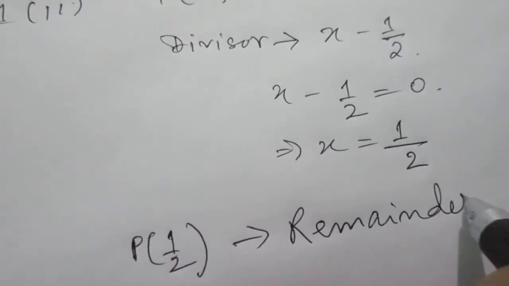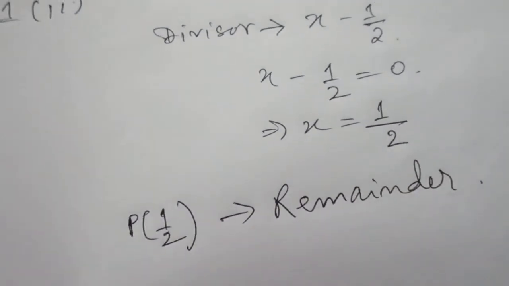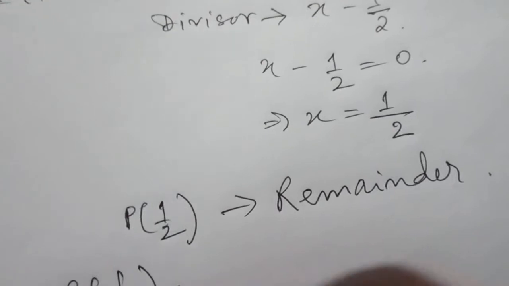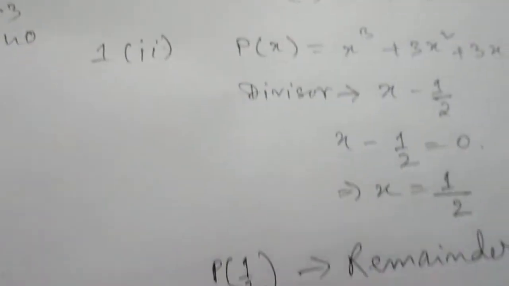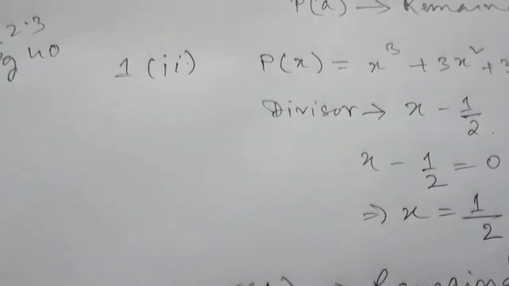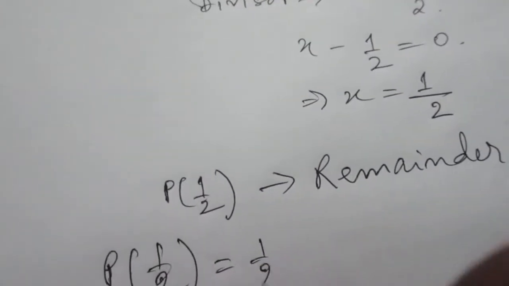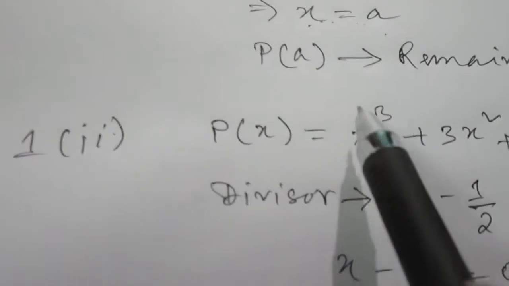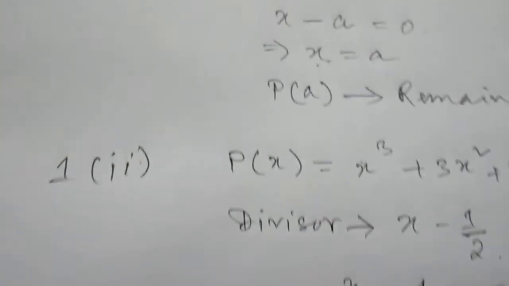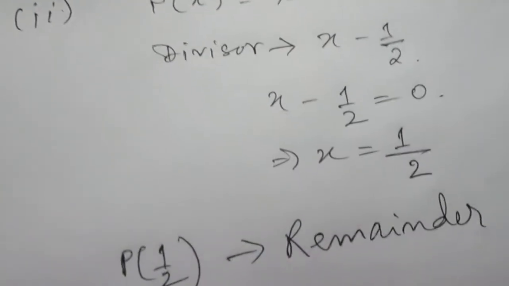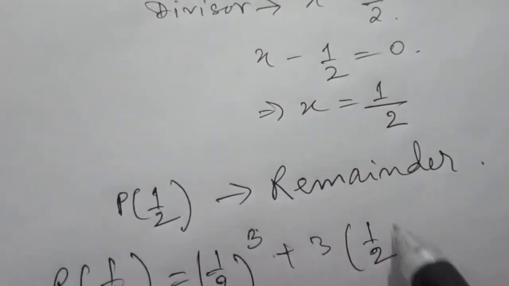So we have to find the value of p(1/2). p(1/2) will be the remainder. So p(1/2) will be (1/2) cube, since first is x cube, then 3 times (1/2) square, plus 3 into half, plus 1.